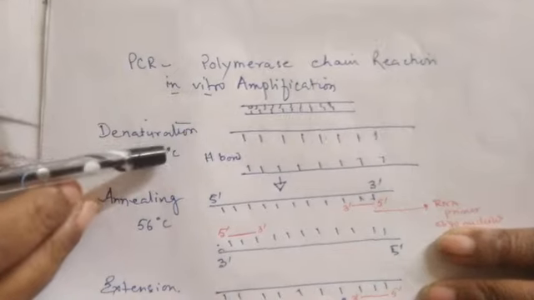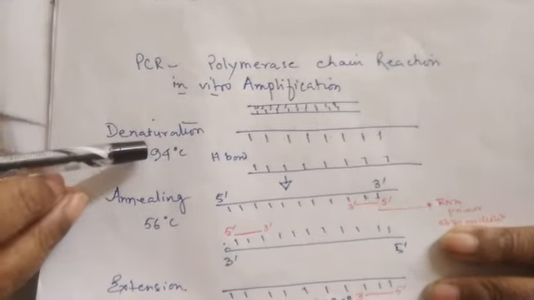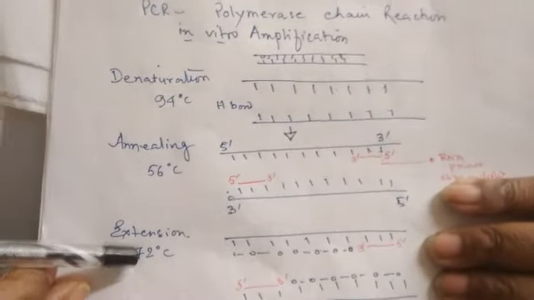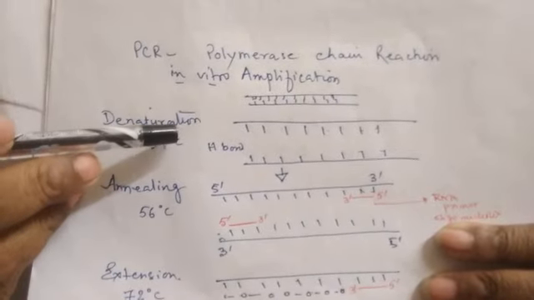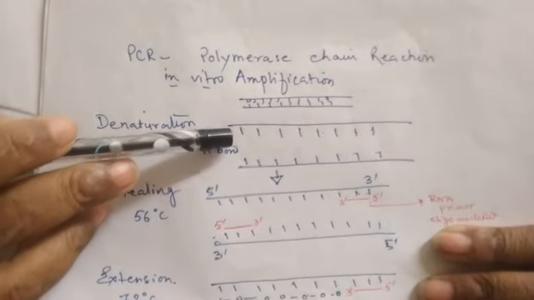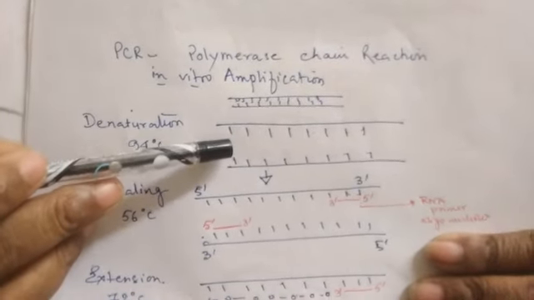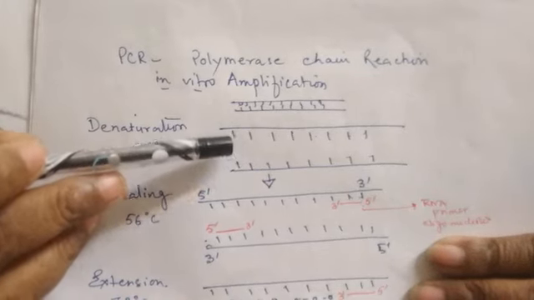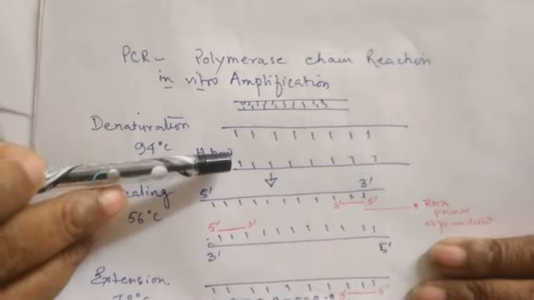Now what to do? The first step is denaturation. There are three basic steps: denaturation, then annealing, and then extension. These three basic steps in the PCR are very vital. First of all is the denaturation. From the name, you can make out that we are going to denature this DNA.